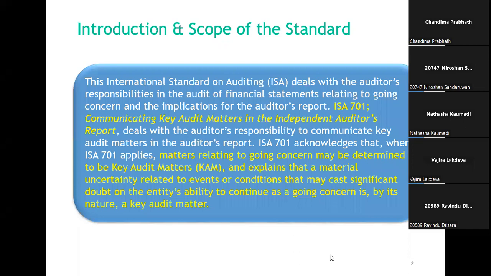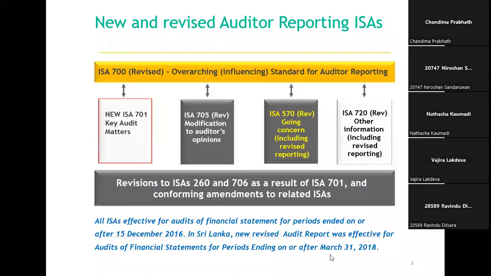So ISA 701 states that when you do ISA 701, as I explained earlier, you will understand what a key audit matter is, what has to be included, and the thought process to be followed in determining what matters are to be reported as key audit matters in the independent auditor's report, right?